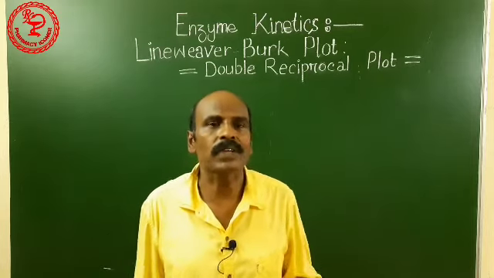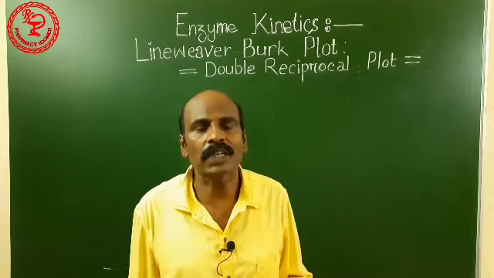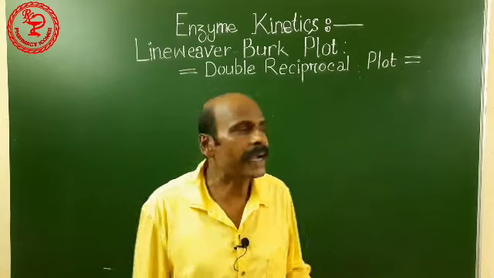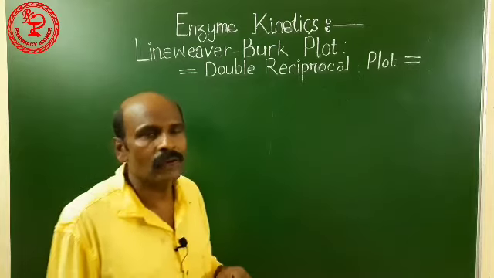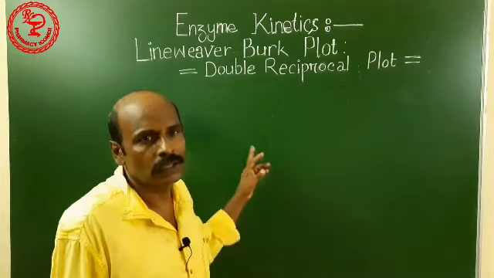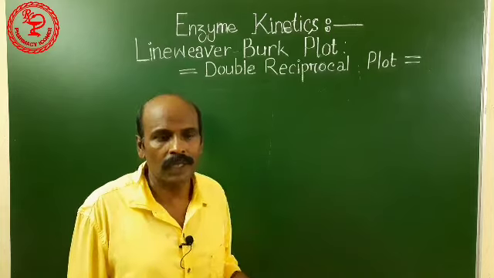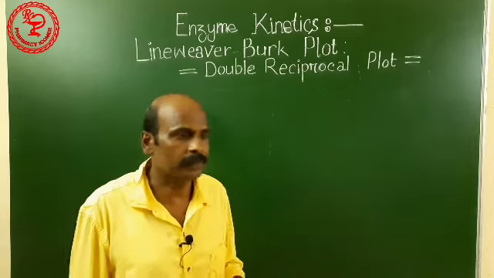So, why is it modified? How is it modified? Why is it called the double reciprocal plot? And what are the functions of the double reciprocal plot? We will discuss step by step.